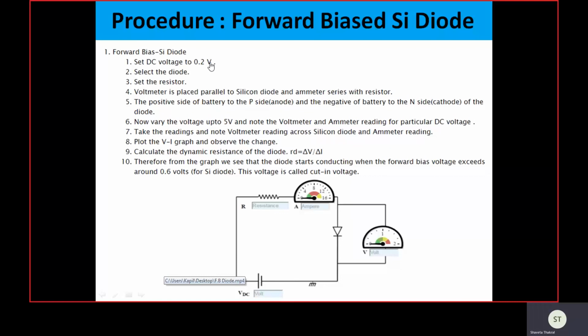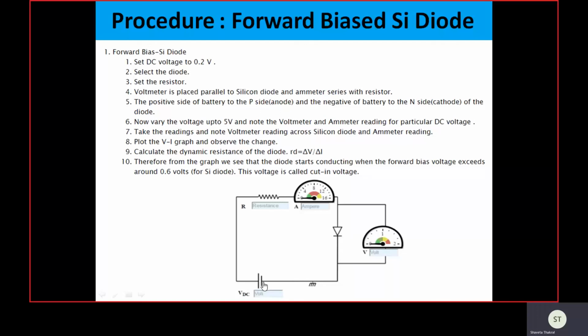First of all we need to set the DC voltage, then we select the diode, then we set the resistor value, then we need to understand the connections, which are already there: the voltmeter is connected in parallel and the ammeter is connected in series, and the p type is connected to the positive of the supply and the n type is connected to the negative of the supply.